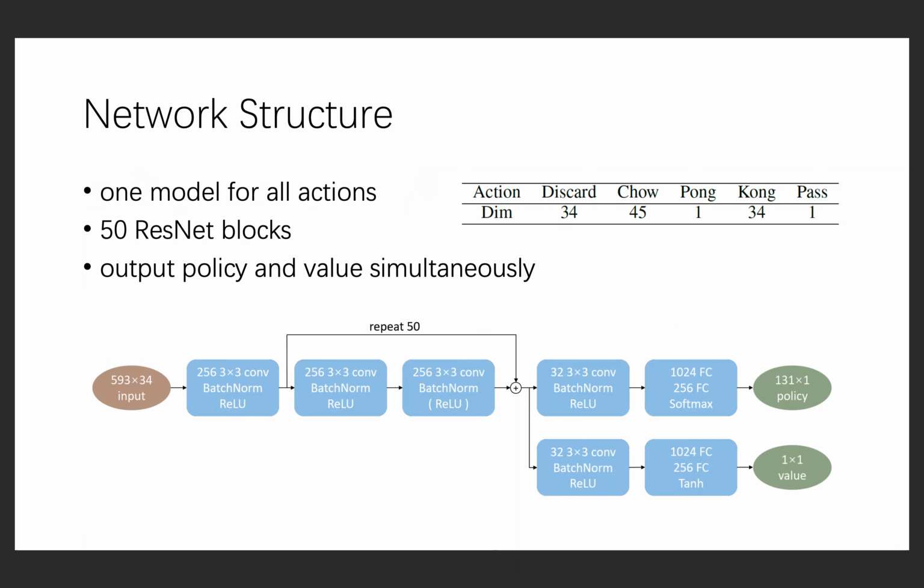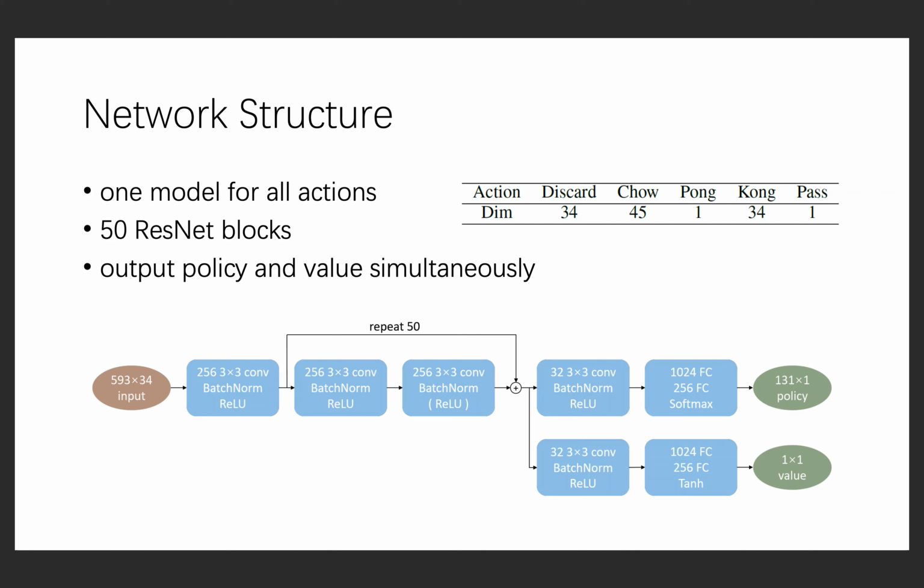About the network structure, we use 1 model for actions, and we use 50 ResNet blocks to train the model, and we output policy and values simultaneously.